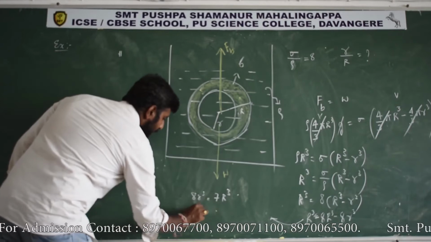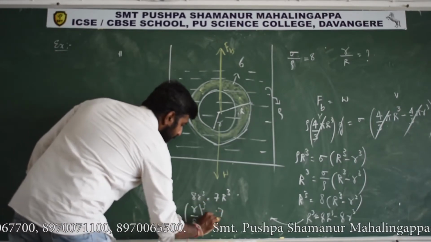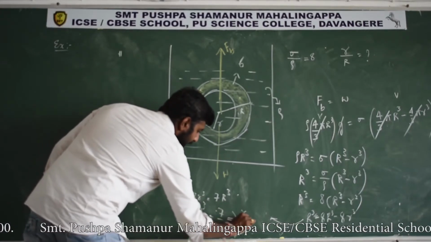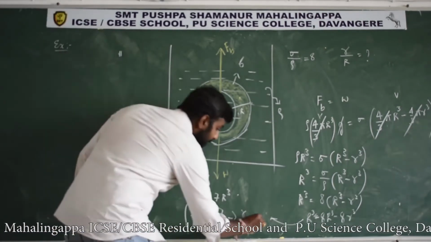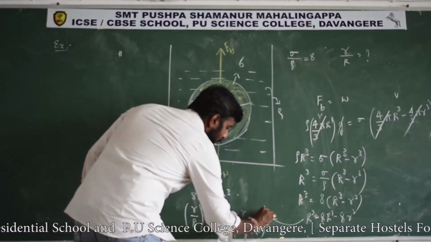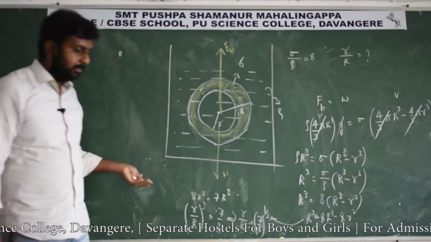Then small r cube by capital R cube, you can write r by R whole cube is equal to 7 by 8. Then what is the ratio of small r by capital R? The ratio of small r by capital R, you will get 7 by 8 whole to the power 1 by 3. Okay. In this way we need to solve the problem.